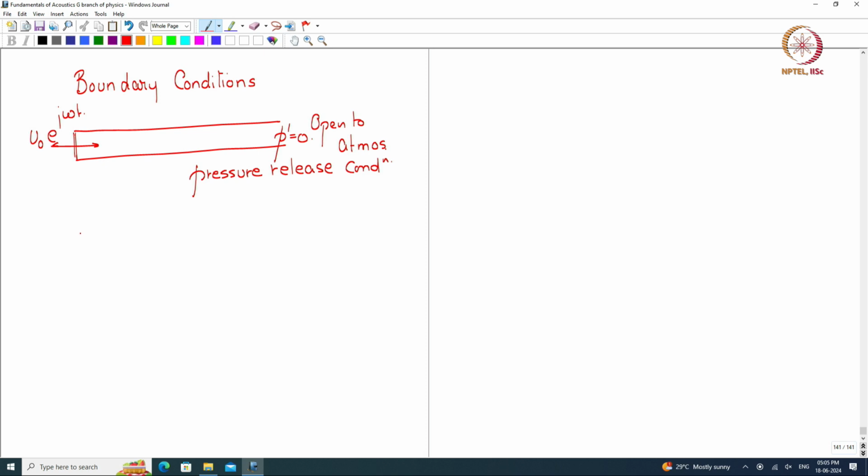The other one is we have, let us say again a pipe, it is driven on one end by an oscillating piston, but this end now is rigidly closed, it is called rigid walled.